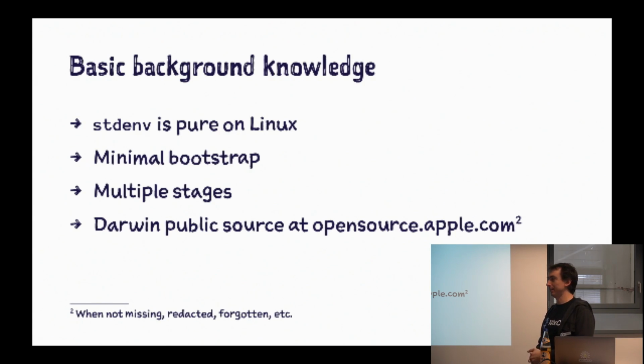But it is a bootstrap process starting from a very small tarball of the minimal amount of stuff that we could think of to put in there that would actually construct a viable system on top of it. And so in the bootstrap, you'll find a compiler, a linker, a few core utils and stuff like that. And then everything else is built on top of it, and a bunch of headers, but everything else is built on top of it. That is true on Linux, and it is also true on macOS now, but wasn't true before we started this project.